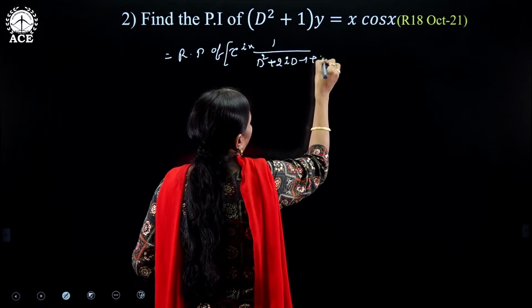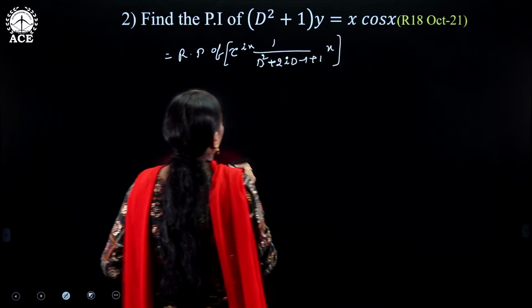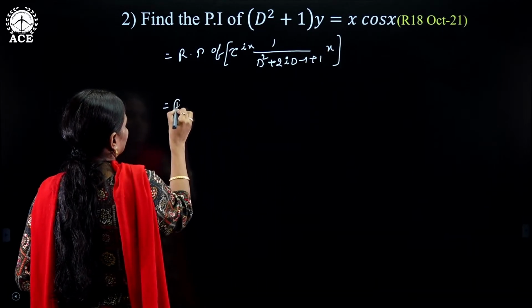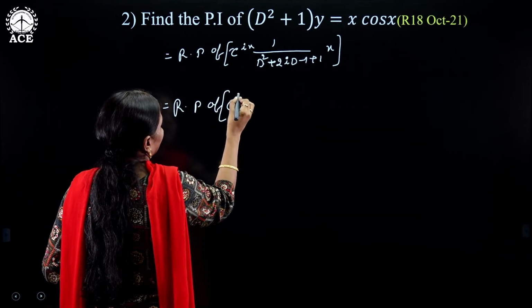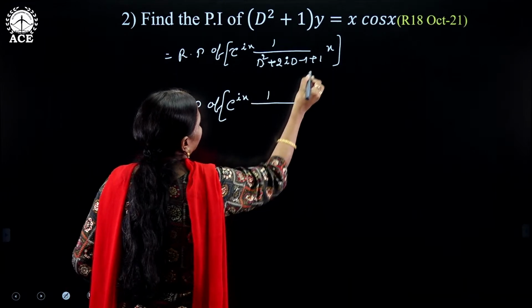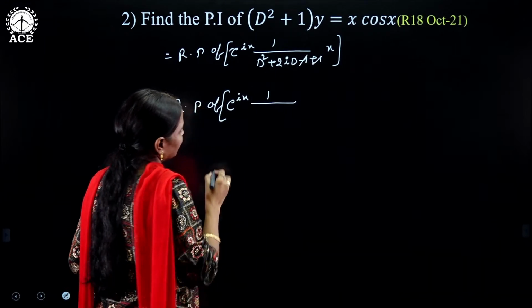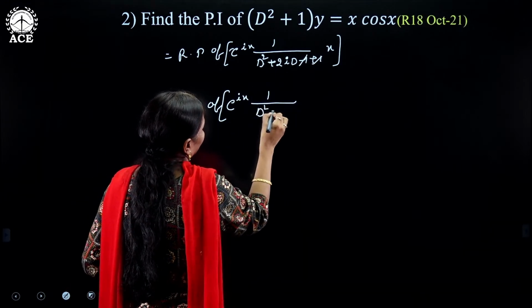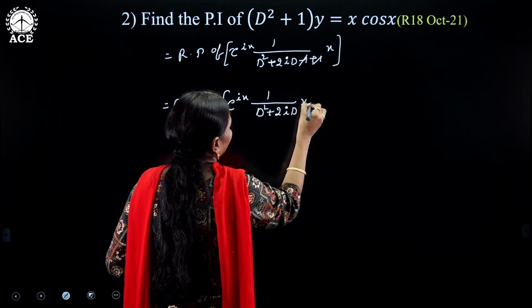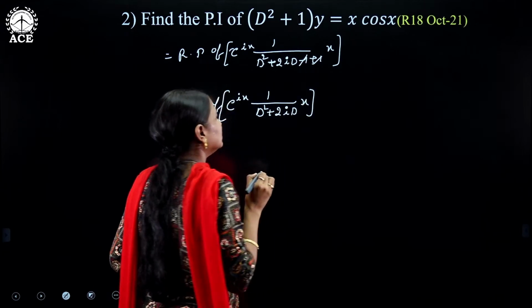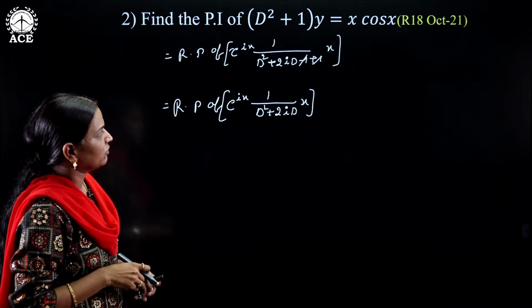So plus 1 into x is the real part of e to the power ix. Here plus 1 and minus 1 get cancelled. What are the two terms? D squared plus 2iD into x. If you have an idea about the previous methods, only then can we solve these questions.